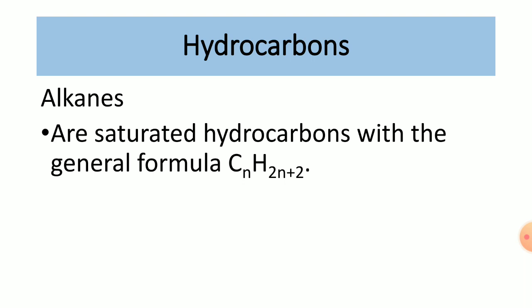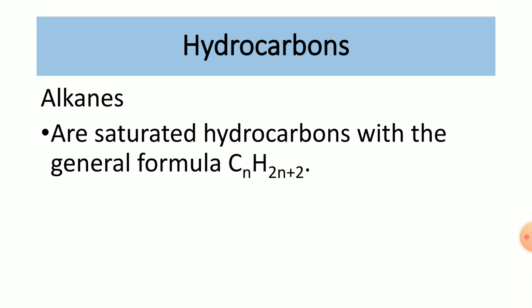For example, an alkane with 5 carbon atoms has the molecular formula of C sub 5, H sub 2 times 5 plus 2. Therefore, an alkane with 5 carbon atoms has a molecular formula of C sub 5 H sub 12. So that is the general formula of an alkane.